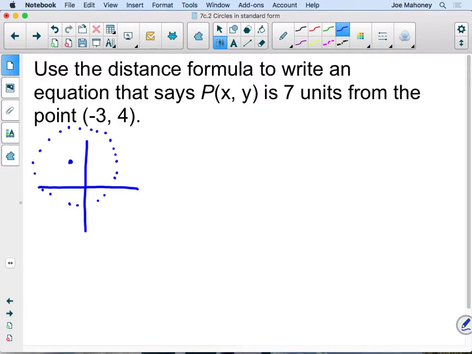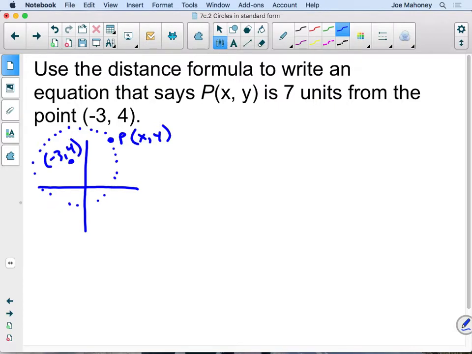What's really interesting here is that the equation of a circle is a lot like the distance formula, which is a lot like the Pythagorean theorem. So this is pretty cool. Here's my point there, and I'm going to put some point P out here. I don't know its coordinates. Call it x, y. That's the point -3, 4.